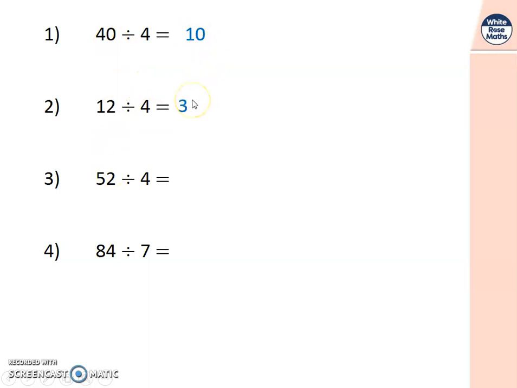Therefore, if we add the answers 10 and 3 together, we find the answer to this one, which is 13. In this one, we're looking in our 7 times table, and the answer is 12.